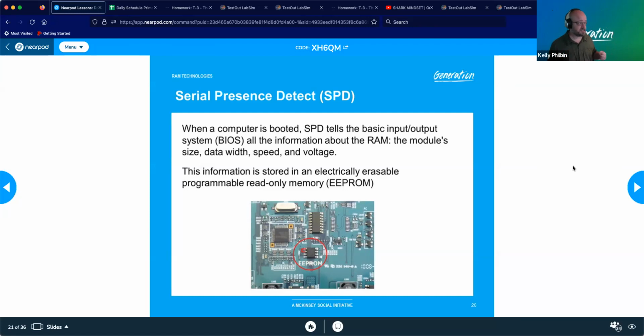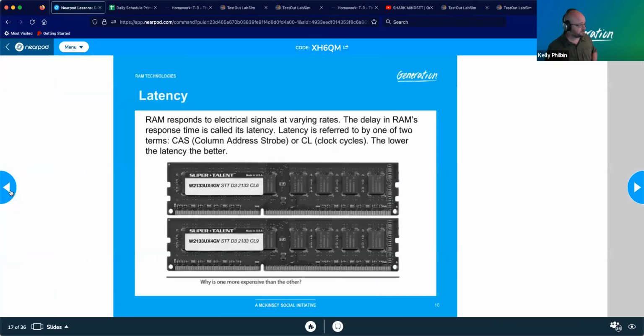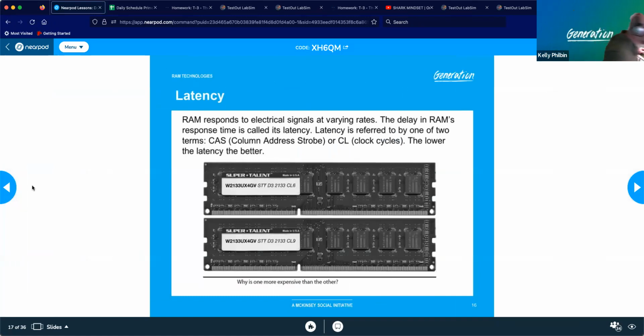All of that is essentially just identifying itself to the BIOS, so when you plug it in, it knows what it's working with. It's just this tiny little chip. If we look at this other memory module right here, SPD is right there. On this one, it's right here. So it's just this tiny little chip that announces who it is and what it can do.